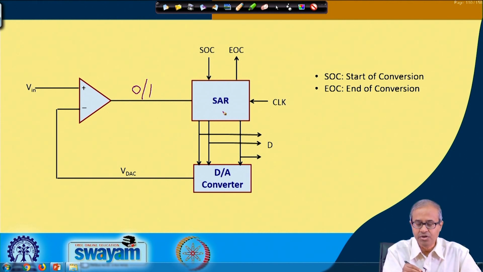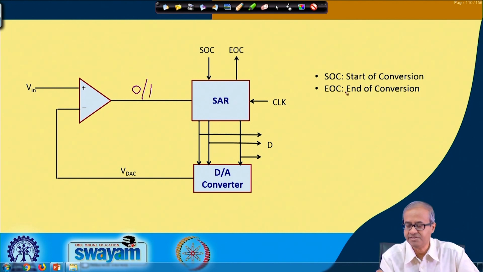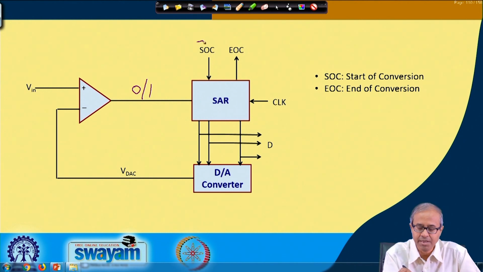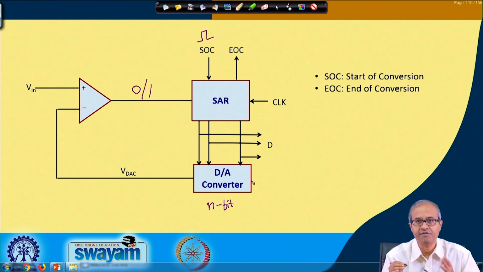And whenever you want to start the process of conversion, there are typically 2 interfaces, start of conversion, end of conversion. So, if you apply a pulse in start of conversion, the conversion will start, and internally there will be clock pulses. Suppose you are using an n bit converter, so you need a DA converter of n bits.